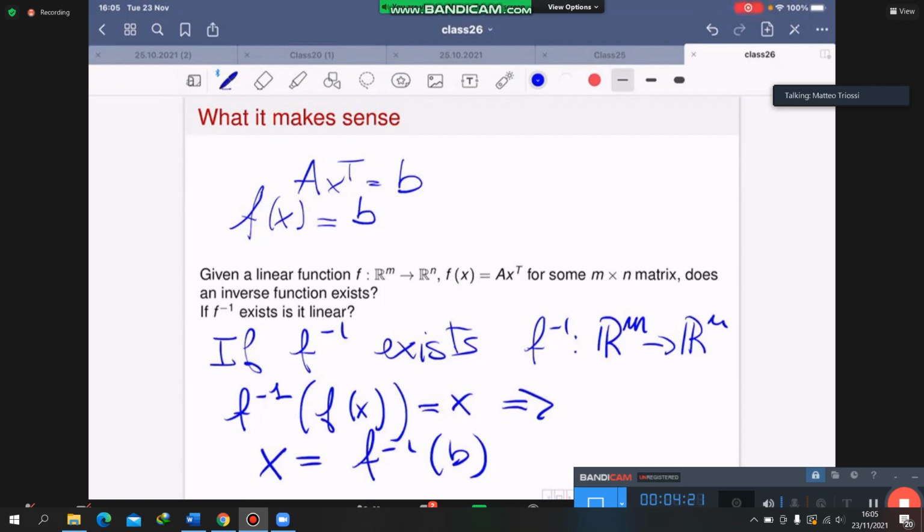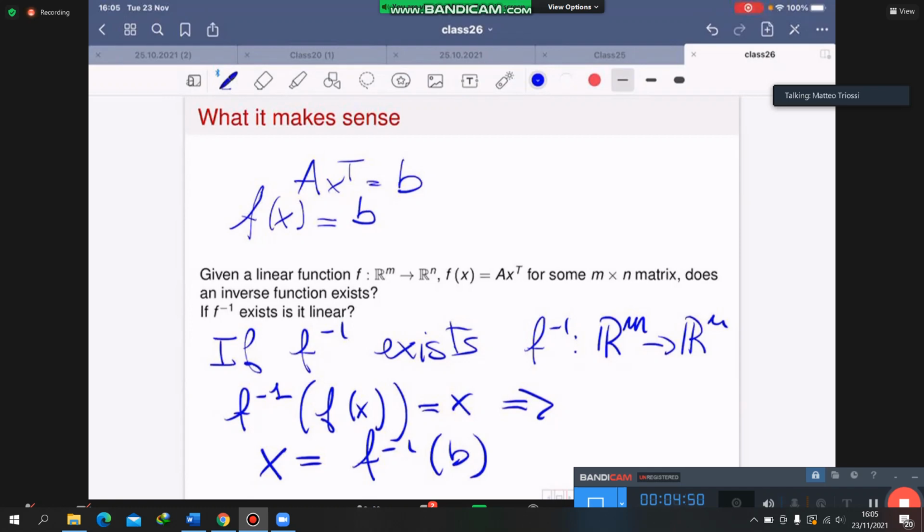Another question would be, if this inverse function exists, is it linear? The answer is positive. It's linear if it exists. The problem is that it doesn't always exist. It will depend on something that we will call, next class, the rank of a matrix.